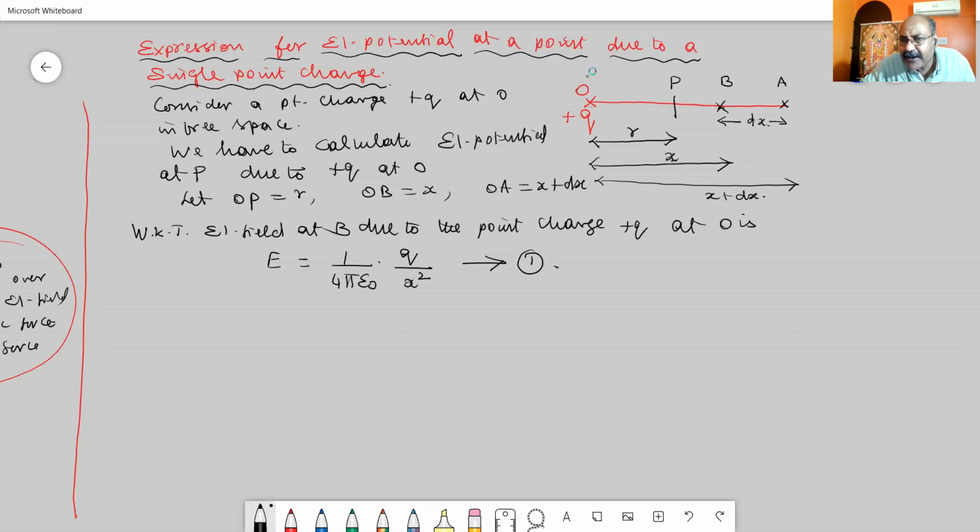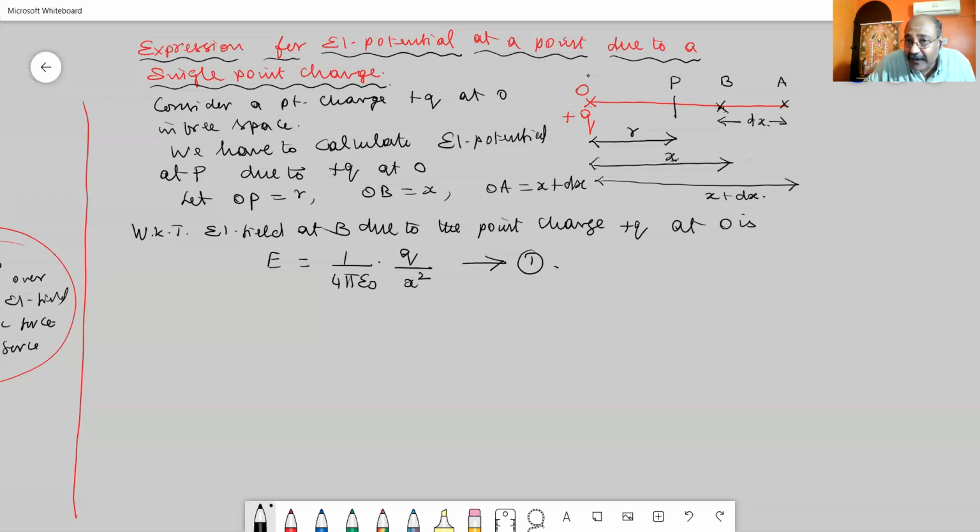Now, I am going to calculate the potential difference between A and B. In order to calculate it, I have to move a unit positive charge from one point to another.